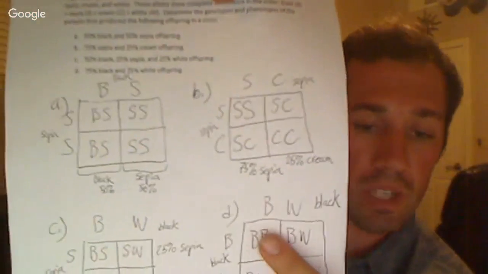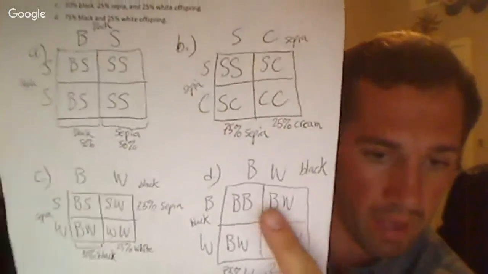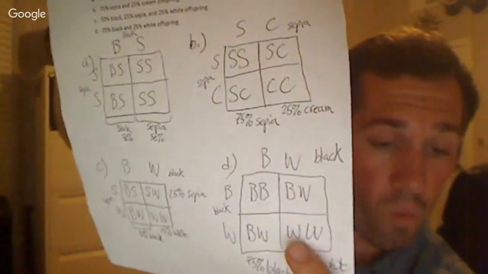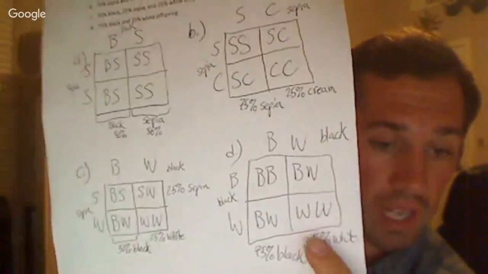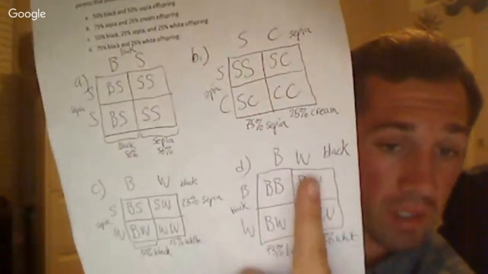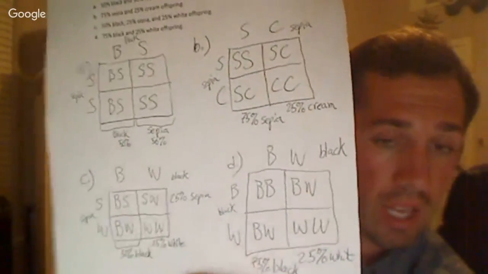You've got to get two heterozygous for the same two alleles. In this case, black and white, which will cause a homozygous for black, heterozygous for black and white, and then the last one will be homozygous white. So that one will be white. The rest will be black just because it's dominant over that white.